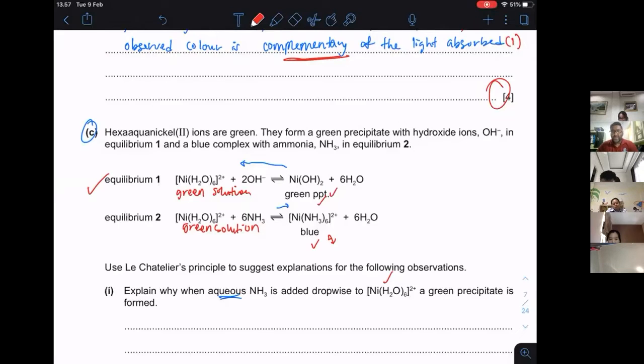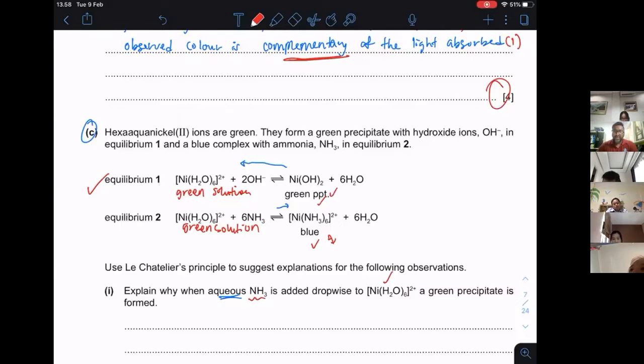When they say aqueous ammonia, it means that in that ammonia with water, there is a presence of water. Ammonia with water is going to give you NH4+ and OH-.